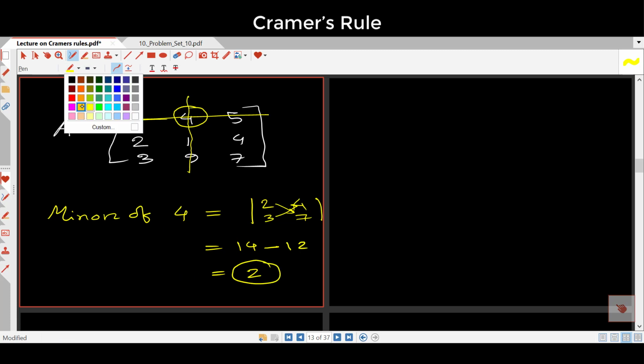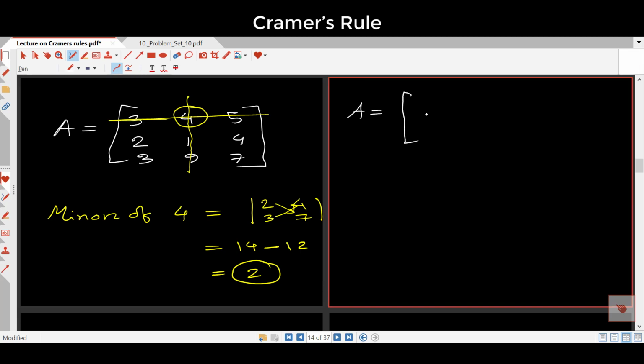Now remember, the matrix A has entries A11, A12, A13, A21, A22, A23, A31, A32, A33.